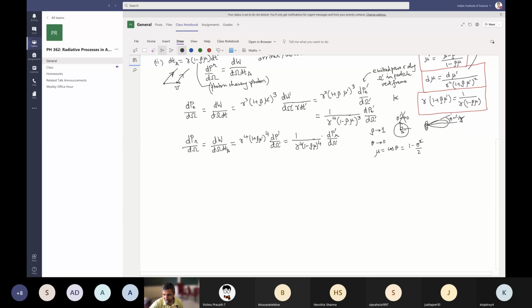You understand the difference? In the particle rest frame it's almost isotropic, whereas in the lab frame, in which the particle moves close to the speed of light, most of the power comes out in the forward direction in a very small beam.